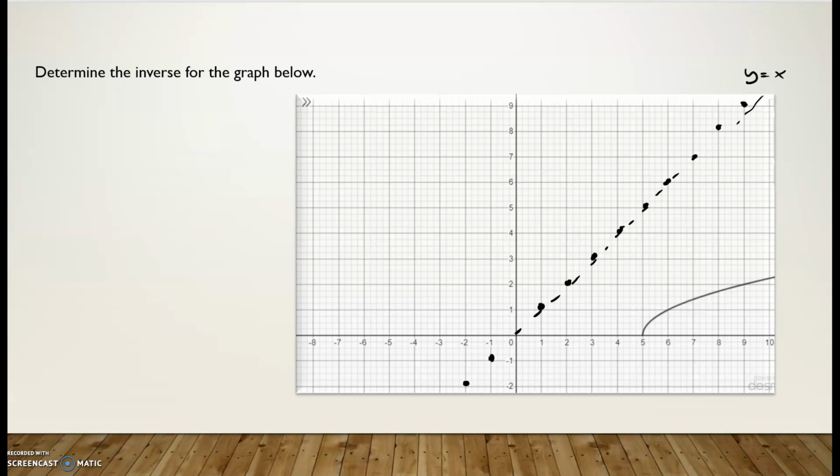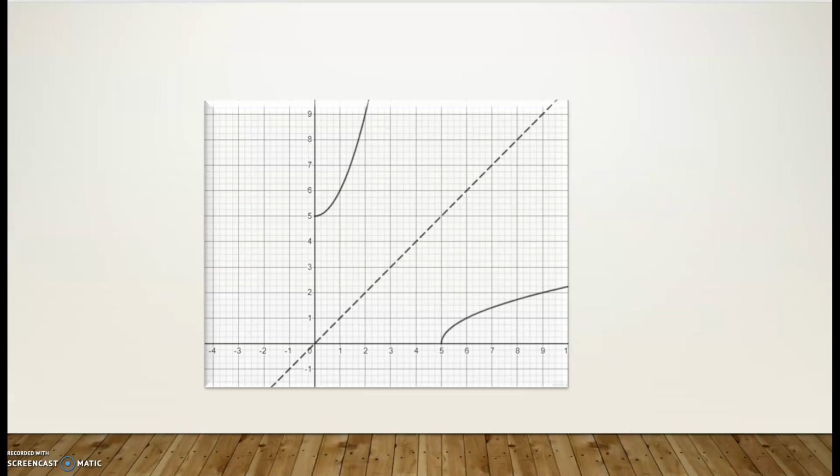So let me fix this up here. Okay, and it goes through the origin. This is the origin right here. Okay, I need a mirror image. It starts at 5 right here. So I'm going to start at 5 right here, and it should do something like this. And this would be the graph of this original function here and its inverse, which is what we graphed as well.